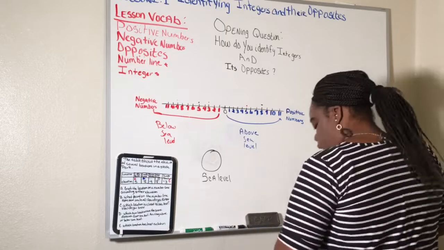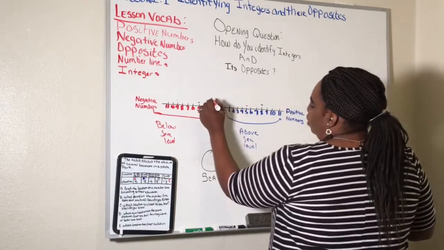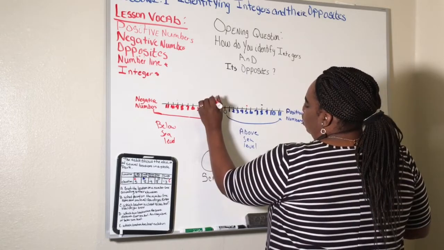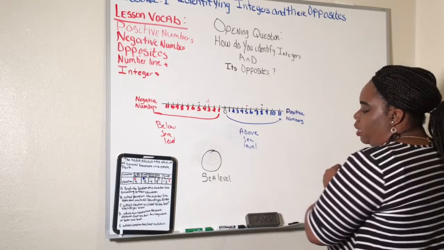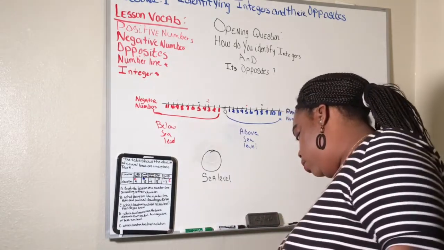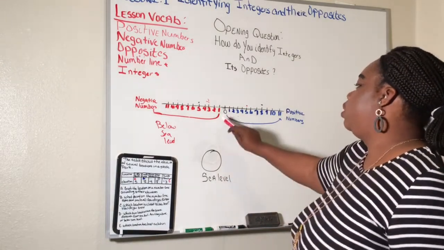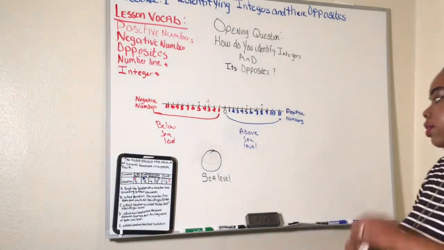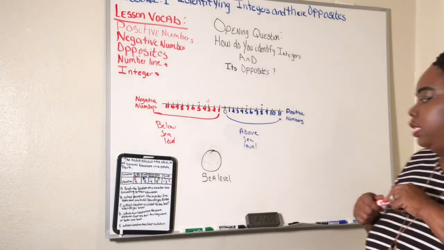And if we look here, our -3 is closest to 0 on our number line. So that means that Juniper Trail is the closest to sea level because it's the closest to 0 on our number line. Okay?